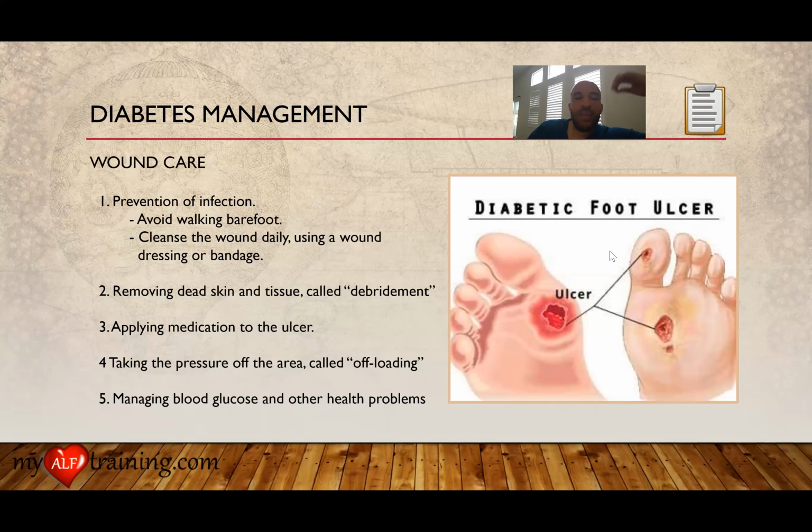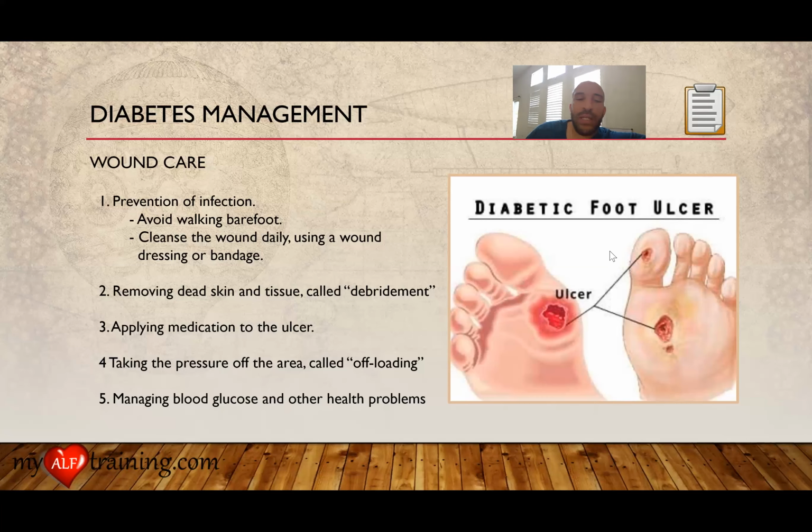And last, but the most important thing we can do for patients who have a diabetic foot ulcer, which is a part of wound care, is tightly managing their blood glucose and other problems. I talked a lot when we were talking about comorbidities about the microvascular changes that diabetes and hypertension and cardiovascular disease place on a patient's body with diabetes.